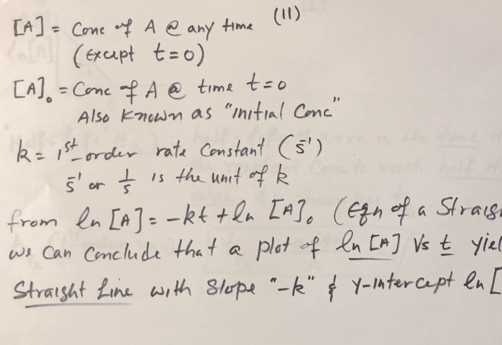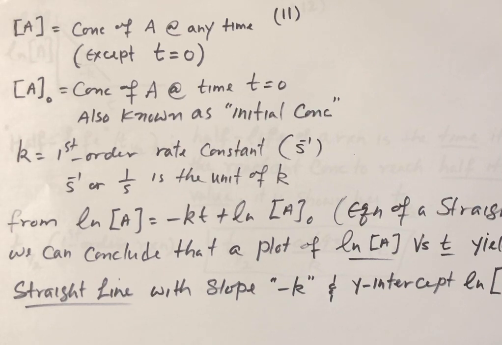So A0 is the concentration of reactant A at t equal to 0, known as the initial concentration. The symbol we use for initial concentration and the symbol we use for concentration at any other time are different. One is A, one is A0.